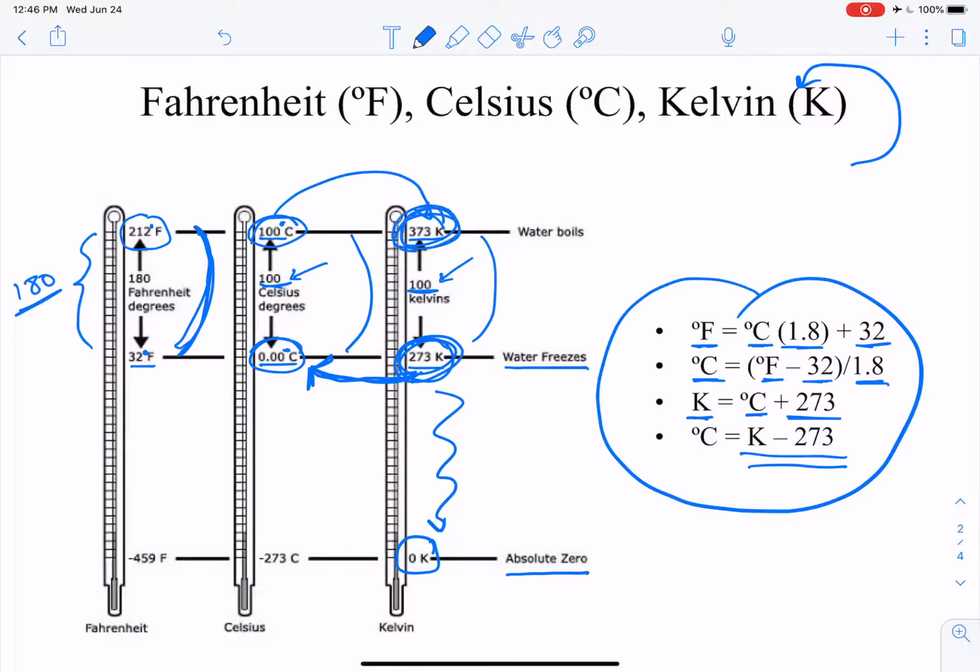Or if we have our temperature in Kelvin, it's 373, and we want our temperature in Celsius, we subtract 273, and there we are at 100 degrees Celsius. Now, if we want to get really specific, we can add a 0.15 to the end here. But I will let you guys go on to Chem 1A and Chem 1B before you have to use the 0.15. We'll just stick with 273.